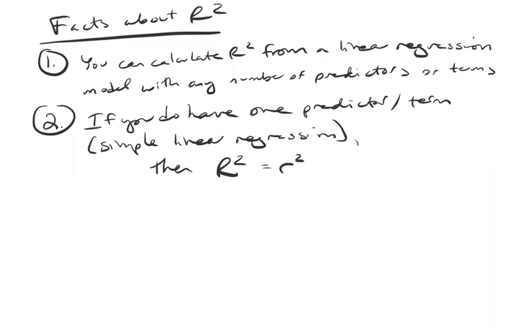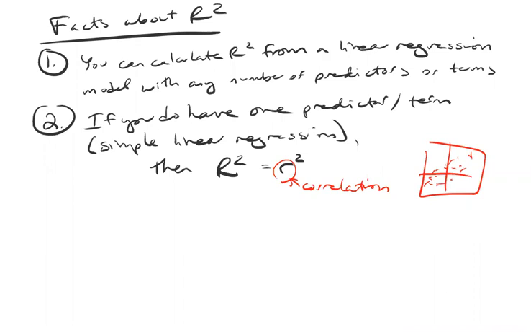Remember that little r is the correlation. And we talked about correlation as this idea of measuring to what extent the dots were diagonal from each other as opposed to adjacent from each other when you make quadrants based on the sample means. So that's what correlation is. If you calculate correlation from a simple linear regression and square it, you will get the capital R squared. So in that sense, R squared is a generalization of correlation, right?